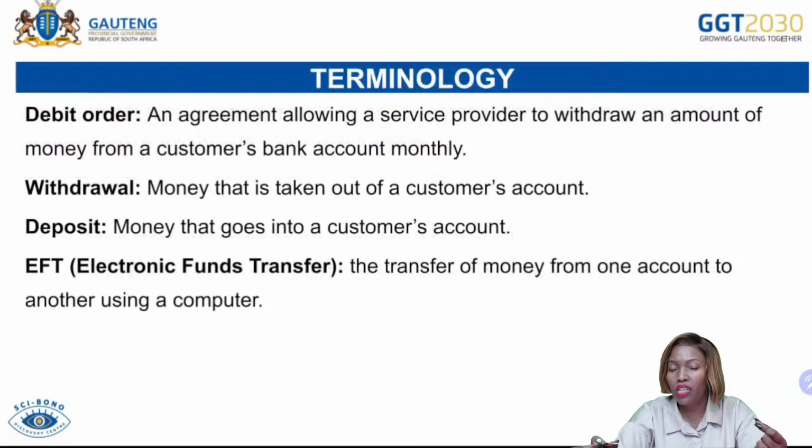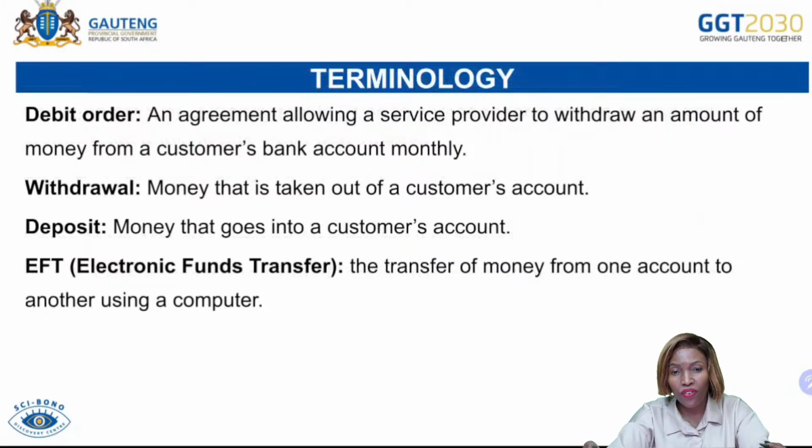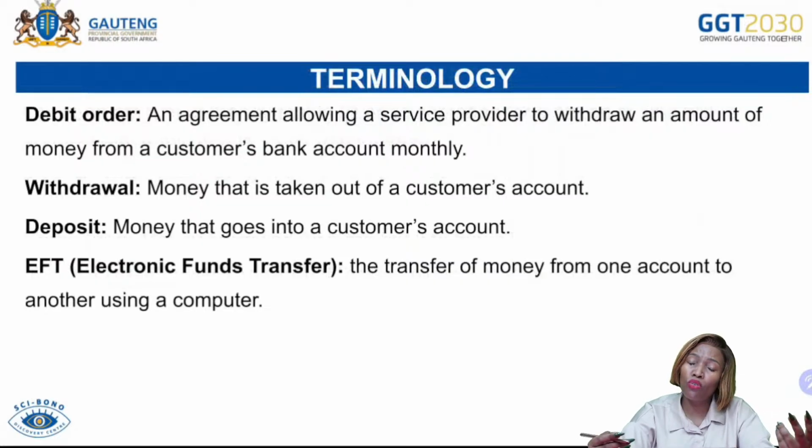Let us say I bought a cell phone, an iPhone, and I bought it on credit. If I buy it on credit, there's an agreement between me and the store that I will pay them every month. So for them to get their money, I'm not going to go queue at their shops every month to make a payment.